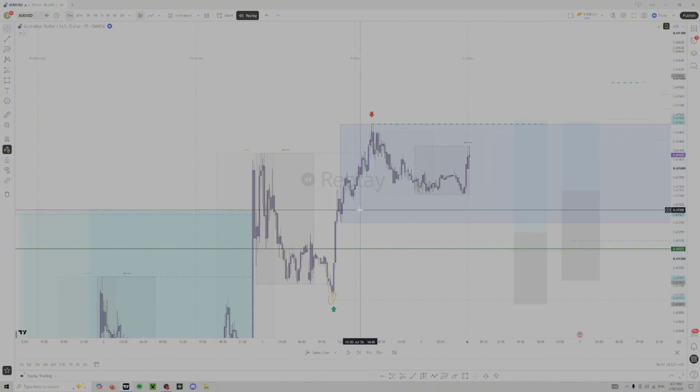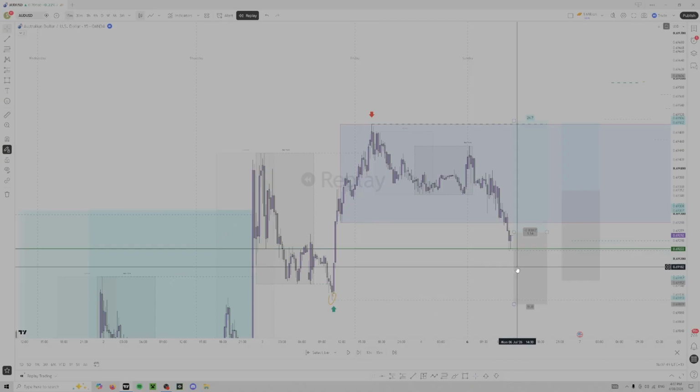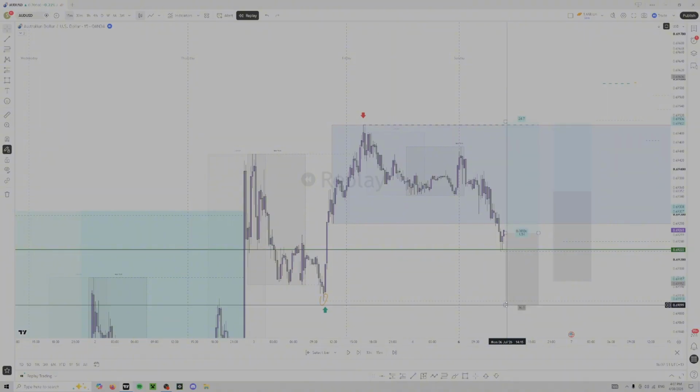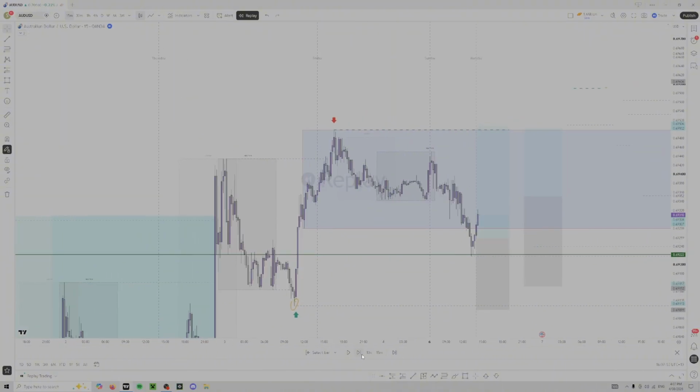So with that in mind, as soon as price started forming support inside this imbalance here in an uptrend, I bought, stop below the low, and then I just targeted another higher high like I said before. That's how I trade trends.